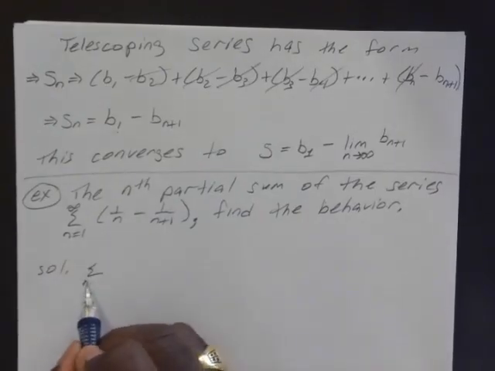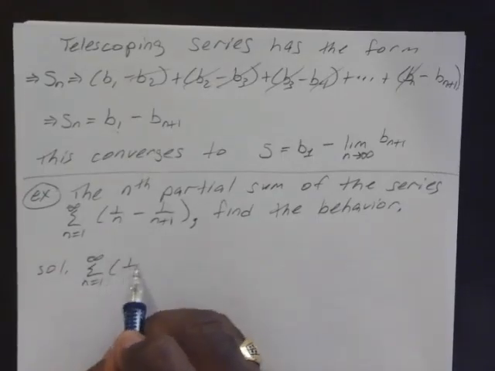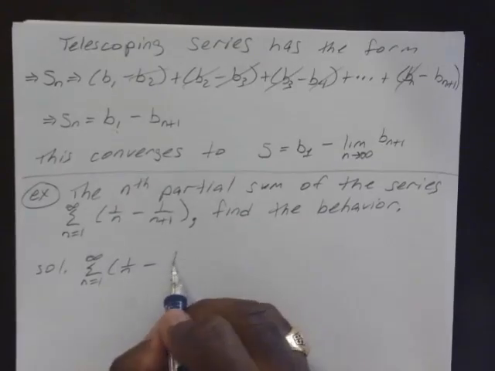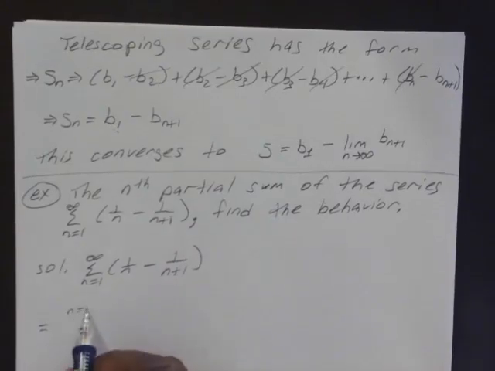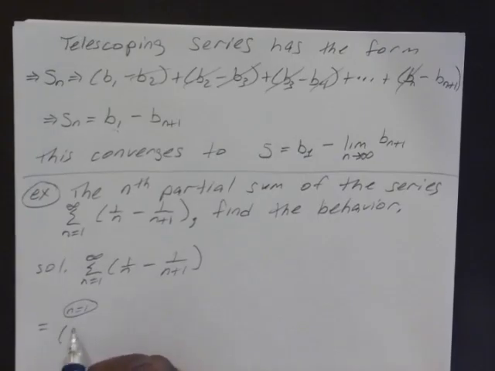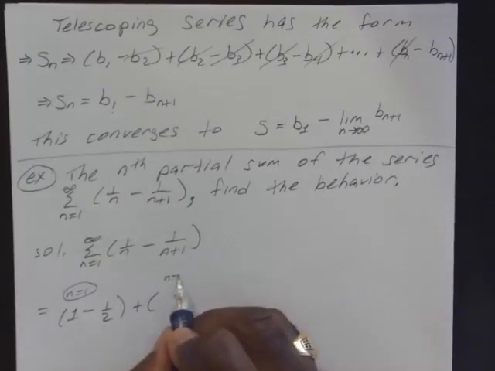Okay, so we know that the sum, I'm just going to rewrite it. You don't have to, but for me it's kind of habit. 1 over n minus 1 over n plus 1, that's equal to, if n is equal to 1, then we have 1 over 1, which is 1, minus 1 over 1 plus 1, which is 1/2. Plus, now we plug in n equals 2.